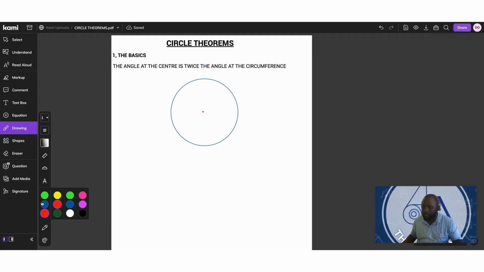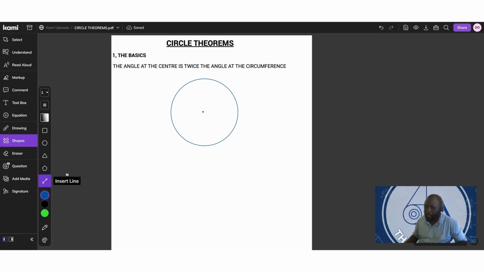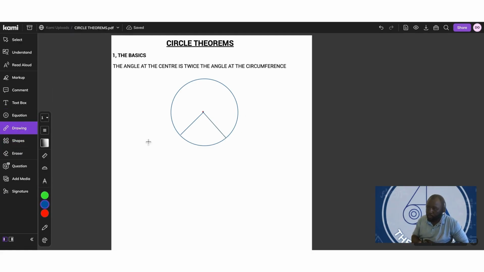Then if we draw two lines from the radius so that they join the circumference at 2 points like that, we will label these 2 points: this is point A and this is point B.